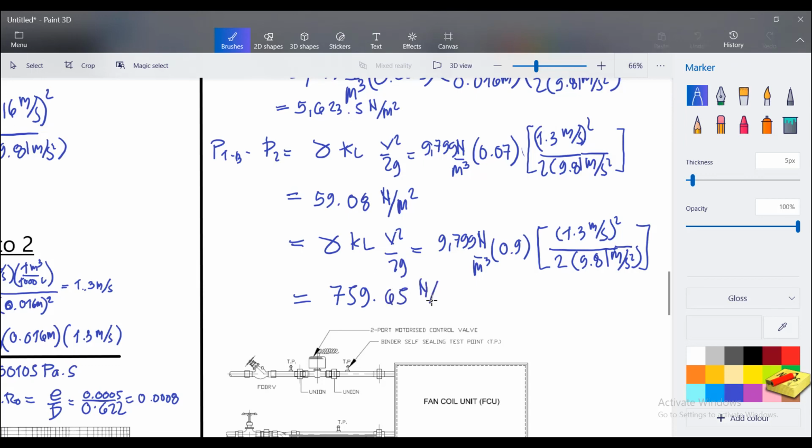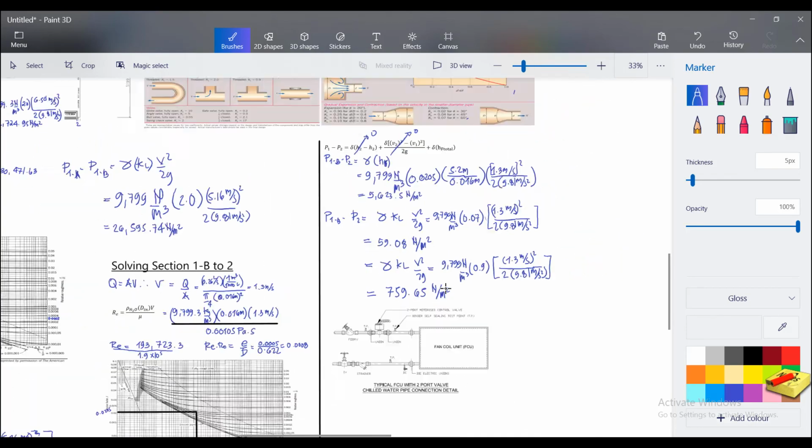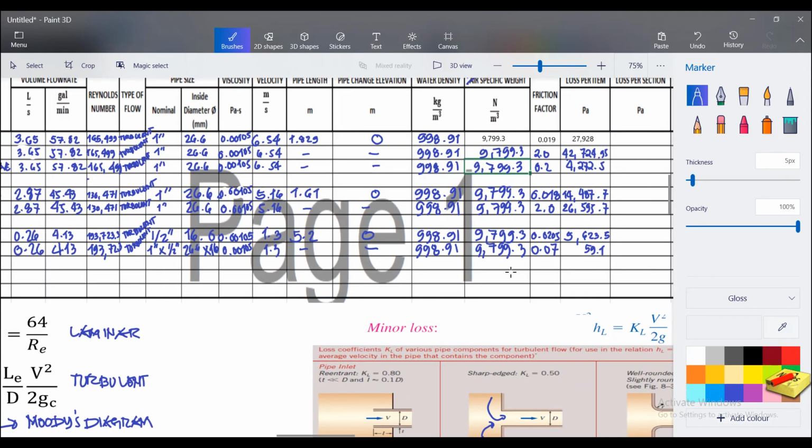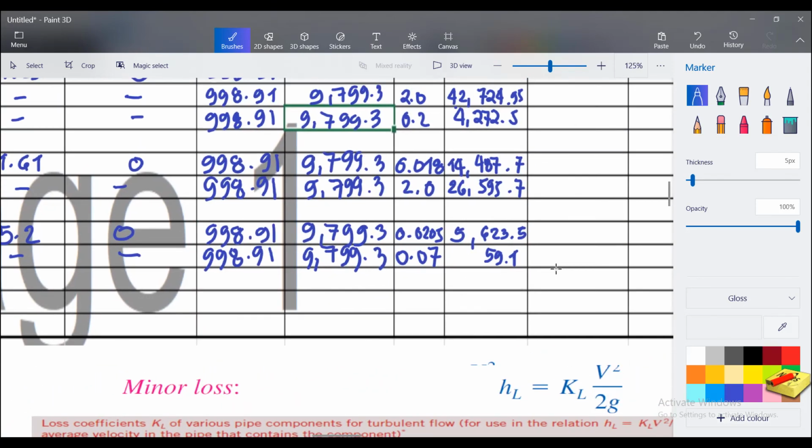So this is Newton per square meter loss. So we put it here also. So 759. So you will see how big the loss of the elbows is. It's 0.65.